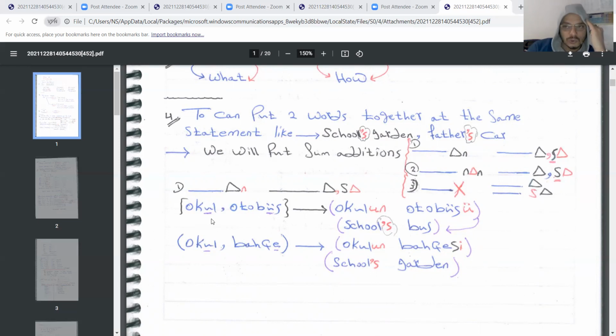Here will be okulun, otobüsü, okulun otobüsü. School's bus. Okul bahçe, school garden. How can I say school's garden? It will be okulun bahçesi. Why did I put this s here? To prevent two vowel letters at the same side.